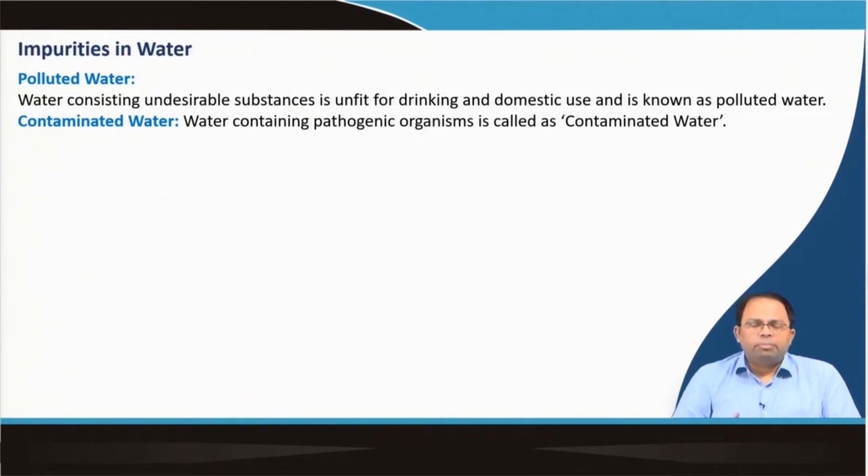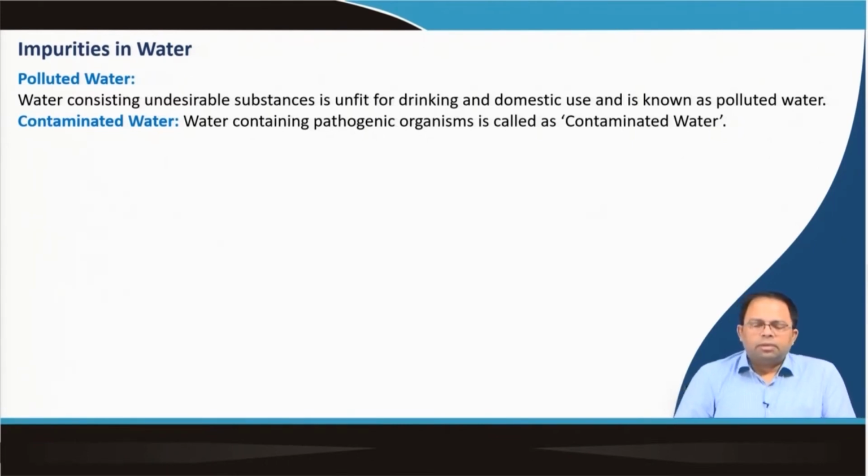But before we get into that, we first need to understand what kind of impurities could be there in water. Some of them may be harmful, some are not, and some impart certain characteristics to water. For example, the presence of certain impurities will change the color of water, but it has not got any other harmful effect. But even so, the water which we drink should not have any color in it, or should have very little color. That is the reason we first need to understand what kind of impurities are there in water.